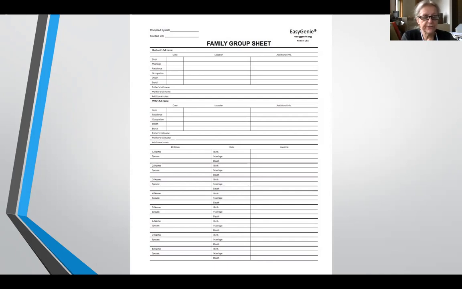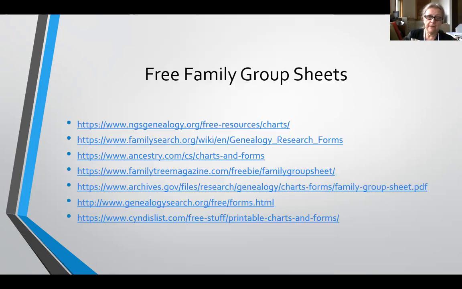On this chart, you'll notice there's room for 8 children and their spouses. Well, way back when, our ancestors sometimes had a dozen or more children. If that's the case, you just simply add another family group sheet. You may also get some of these online. You can Google family group sheet if you want.